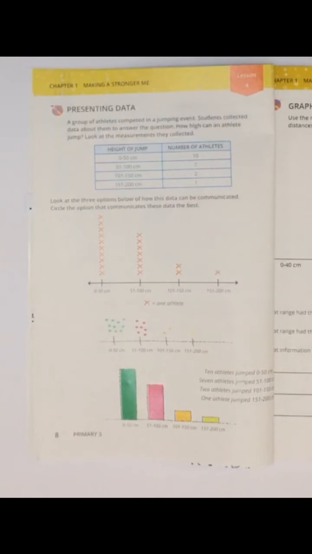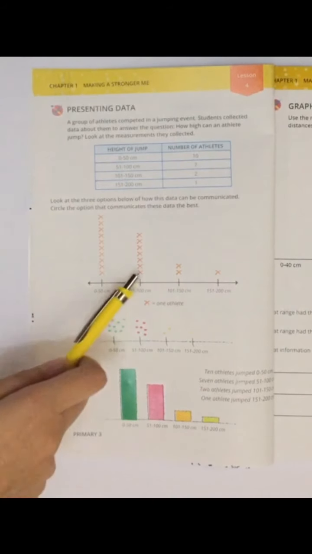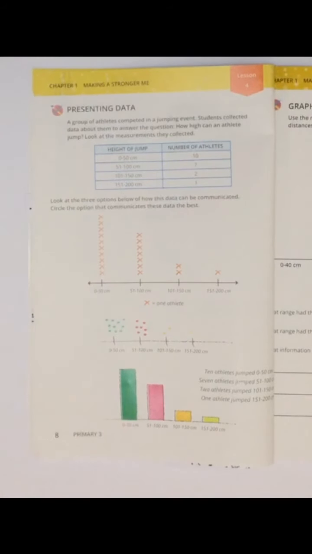Second range between 51 to 100 centimeters, we have 7 athletes, so we will put 7 X's. The third range, we have 2 athletes that jumped between 101 to 150, so we will put 2 X's. And the last one, we will put 1 X because we have 1 athlete that jumped between 151 to 200 centimeters.